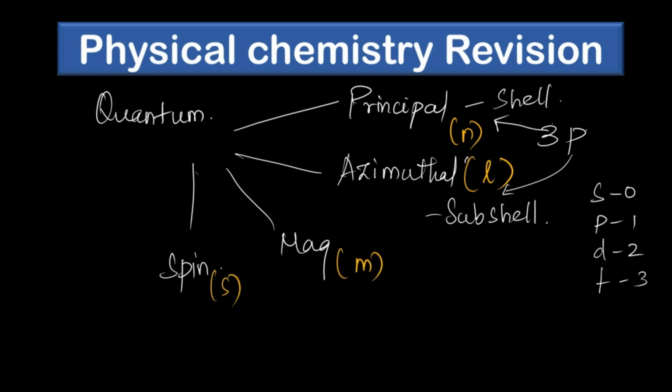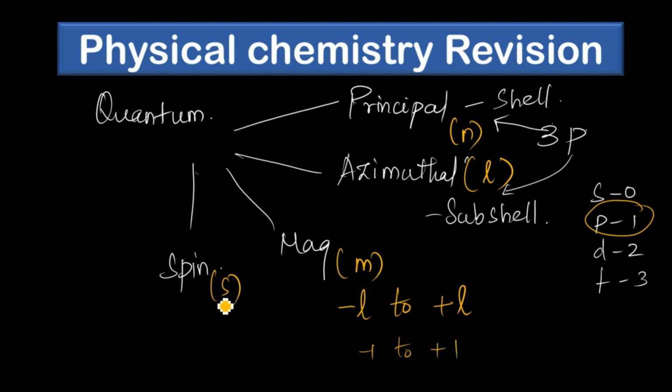So what about the magnetic quantum number? That is 0, minus L to plus L. For example, here I am having L value 1, so this will be minus 1 to 0 and then plus 1.